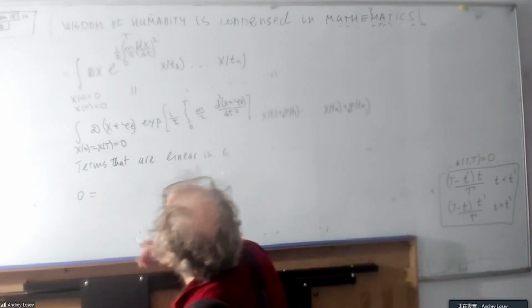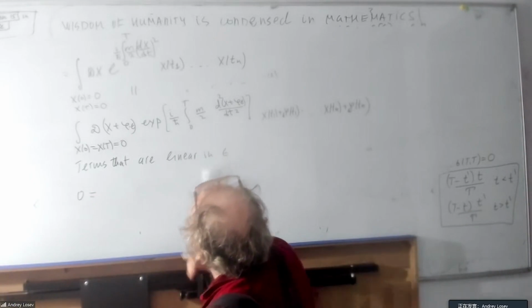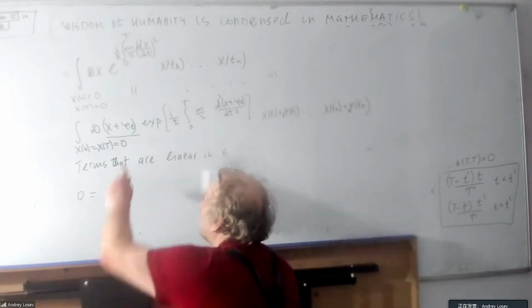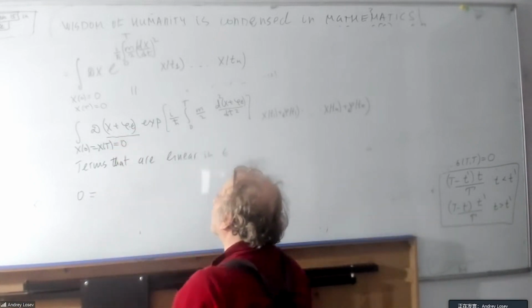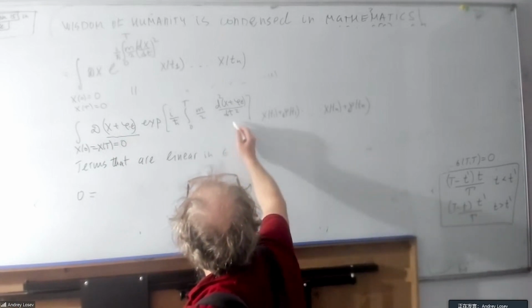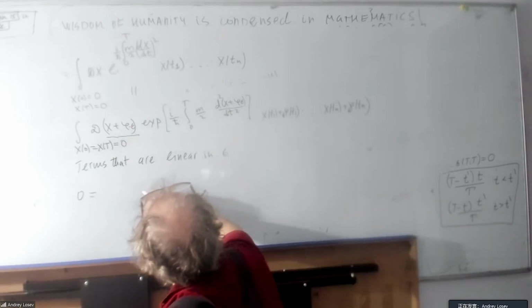Zero equals, we assume that the measure is invariant, so we ignore it here. Now we have some term from the exponent.